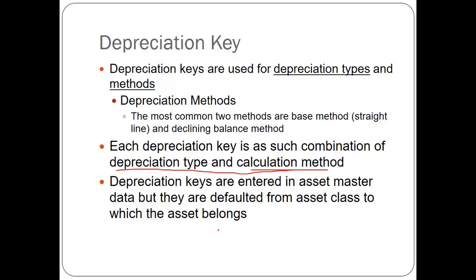Then when we create an asset through that asset class, when we link the asset master data to that asset class, the depreciation key is automatically defaulted from the asset class. But having said that, there is an exception: we can change this default value within the asset master if we want. If we want to treat some of the assets differently for any reason, not discussed here, then we have the liberty to change the depreciation key within the asset master record, although it is defaulted from the asset class.